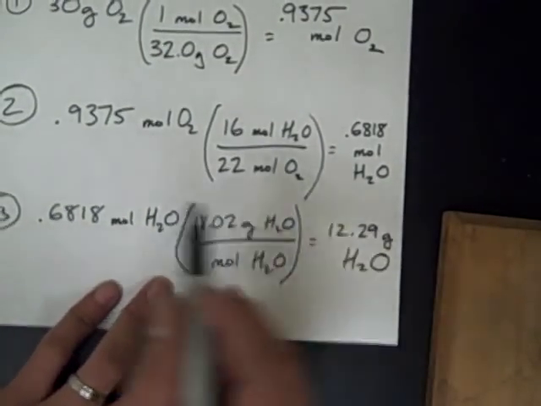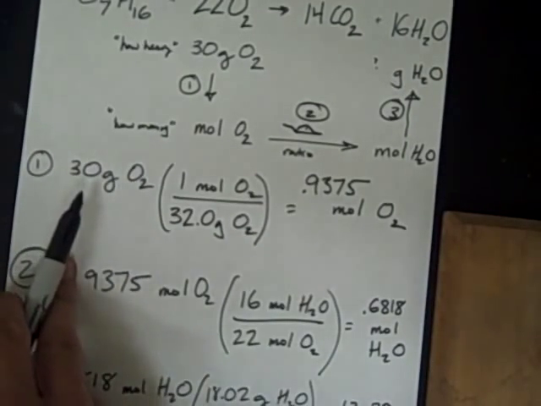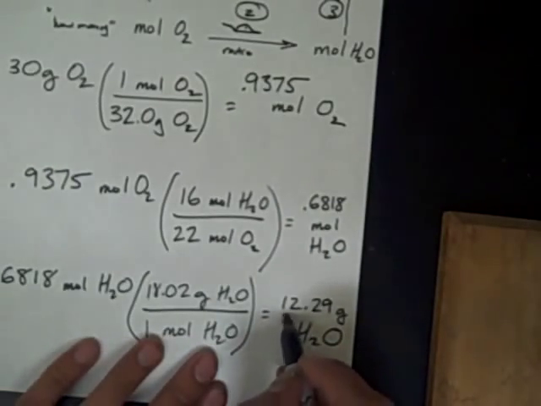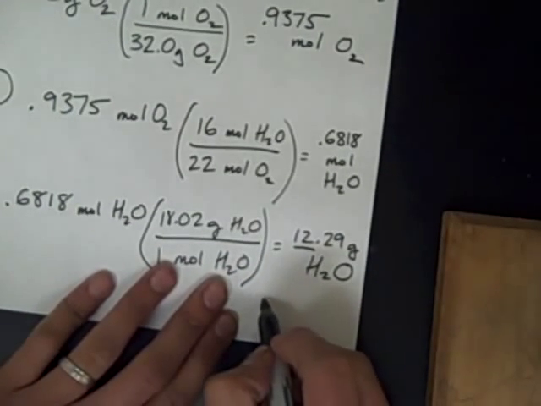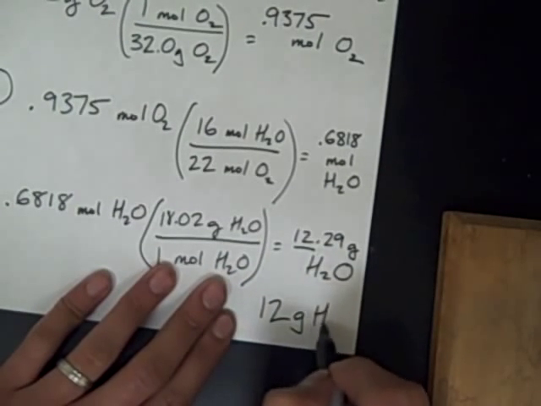I look at this number and I look at my starting number and I have to compare significant figures. 2 significant figures here. I should only get 2 significant figures at the end. So the answer is 12 grams of H2O.